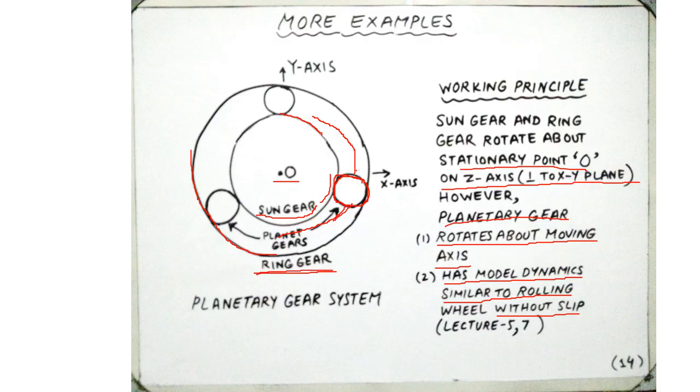And conversely, we can say that if we apply some rotation to the ring gear, that rotation can be imparted to the sun gear with the help of the planet gear. So it can go both ways, but the role of the planet gear is very important. They are going to roll in the space between the sun gear and the ring gear.